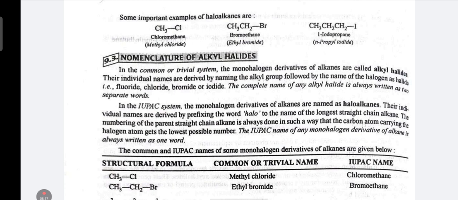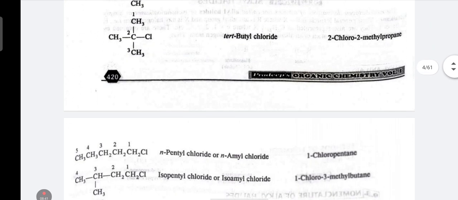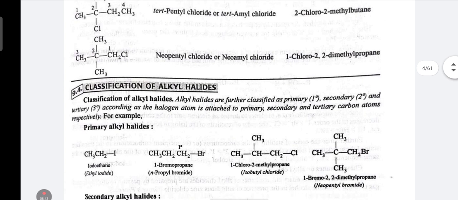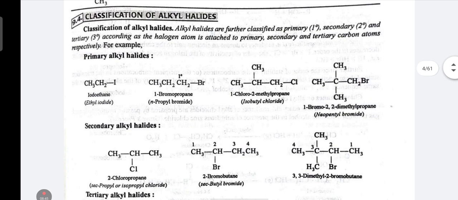The numbering of the parent chain alkane is always done in such a way that the carbon atom carrying the halogen atom gets the lowest possible number. The IUPAC name of a monohalogen derivative of alkane is always written as one word. There are some examples which are shown in this tabular form.